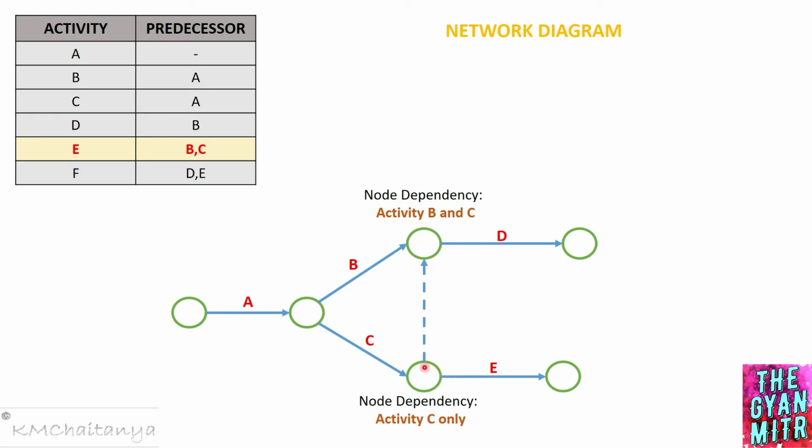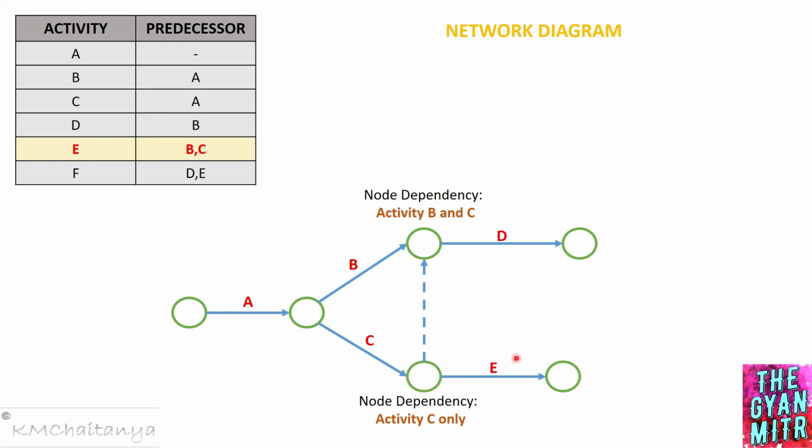If we consider this node at the bottom, we have only one incoming activity, which is activity C. So the node dependency is only activity C. At this node at the top we have activity B coming in directly, and I am drawing activity C through a dummy activity over to this node. So the node dependency over here would be activity B and C, whereas at the other it is only activity C.